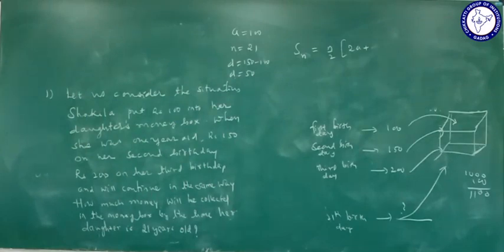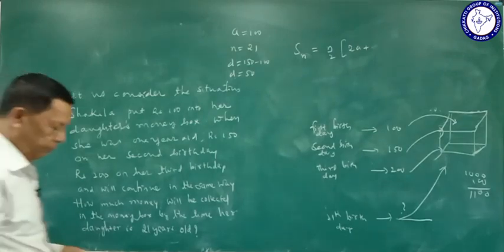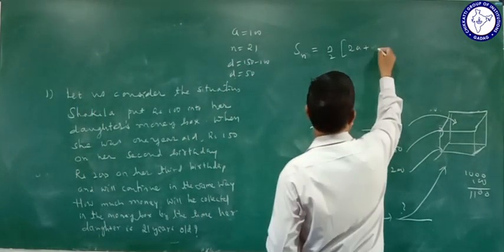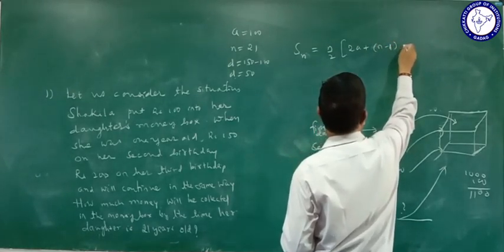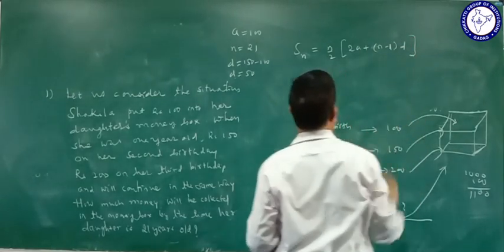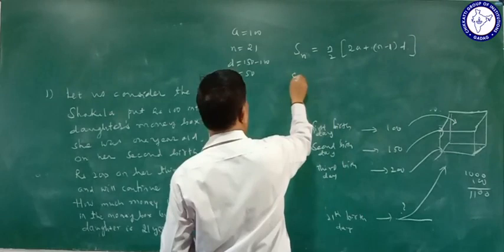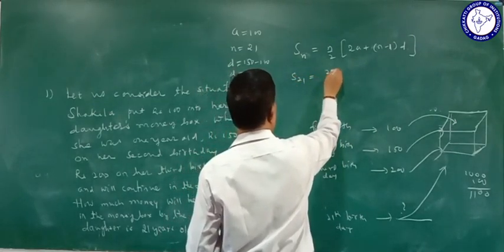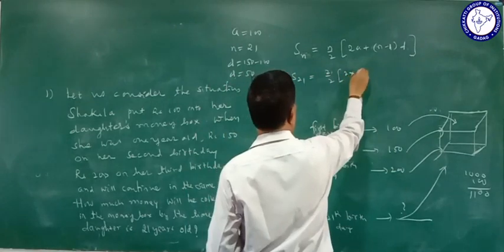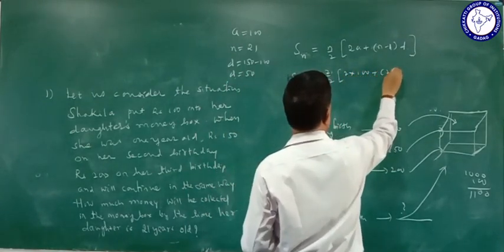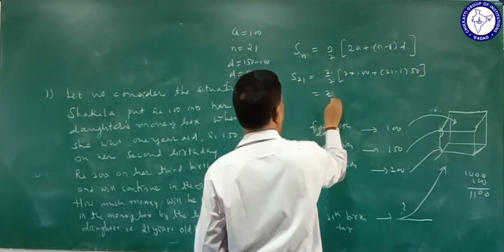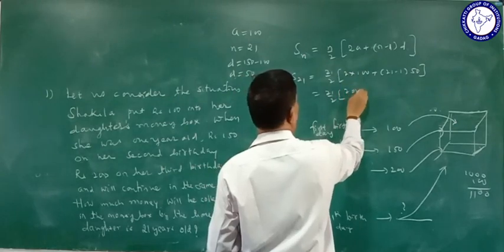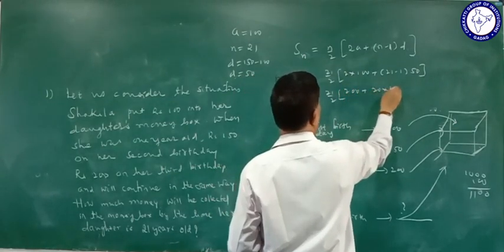So 2a plus n minus 1 bracket complete into d. This is the formula you have proved, and here you have to use S21, where n means 21 by 2, 2 into a is 200, and here 21 minus 1 into 50. So what comes, 21 by 2, this is 200, and this is 20 into 50.